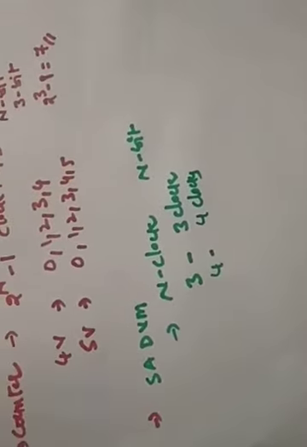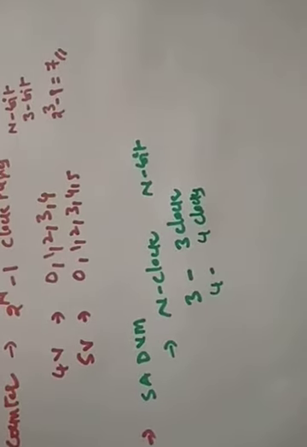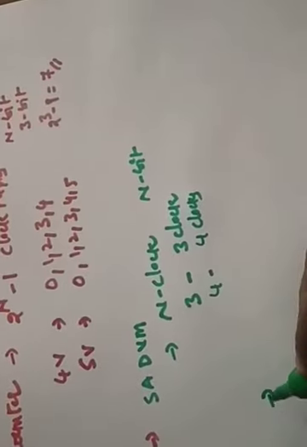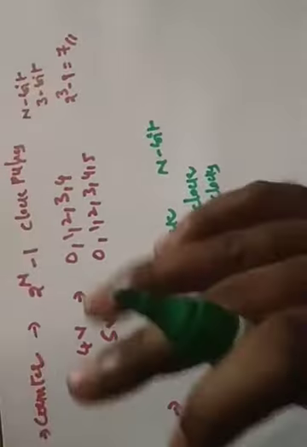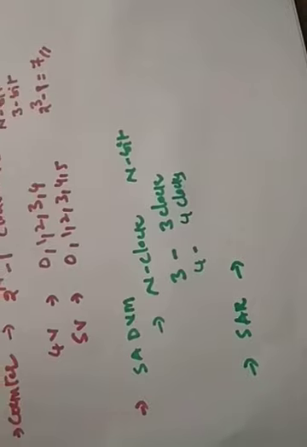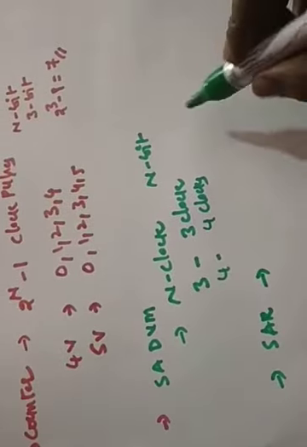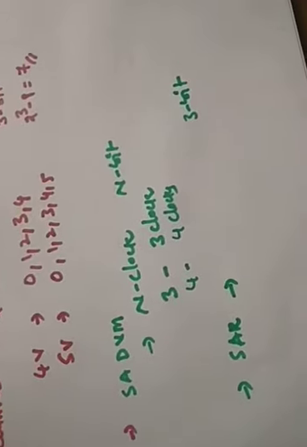So what is the main difference between the counter type and successive approximation? In a successive approximation type digital voltmeter, you have a register called the successive approximation register. What is the function of this register? If it is 3 bit data, in the starting the MSB bit will be set.